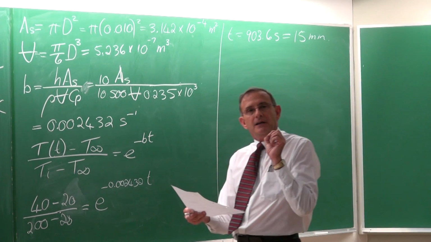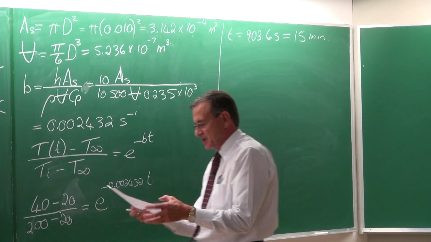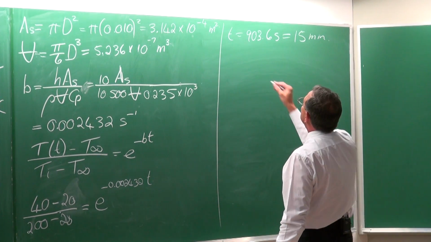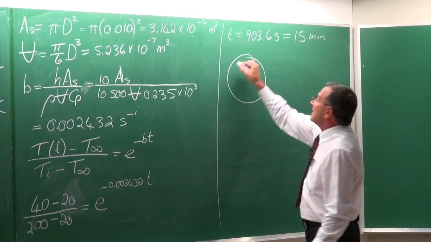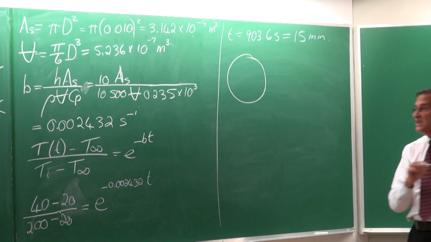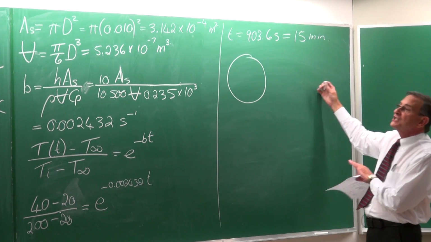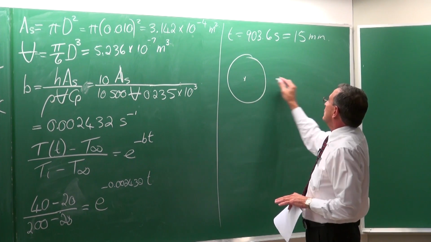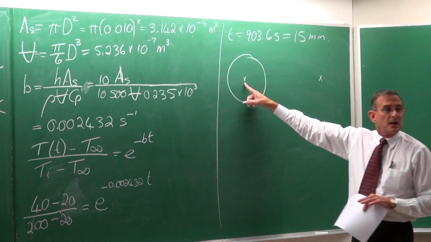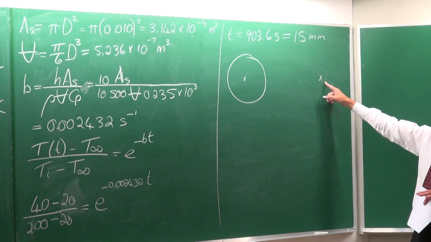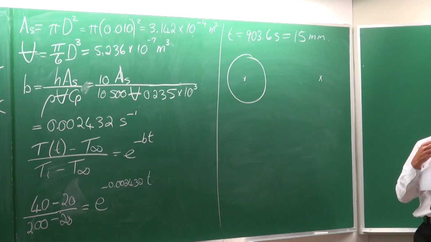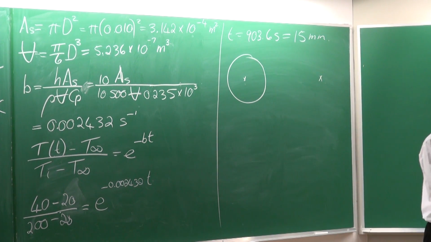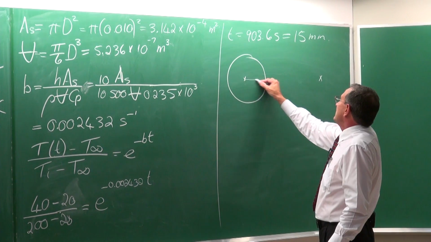Right. Now, what is really the crux of this problem that you need to understand? The crux of this problem is that for the heat transfer to occur from the temperature of 200 to 40, there's a resistance against heat transfer. And you've done it in chapter 3.